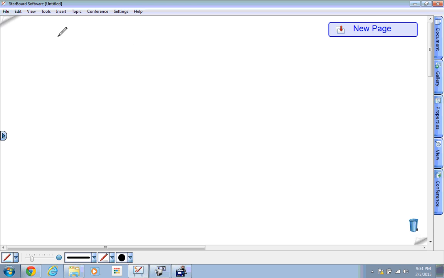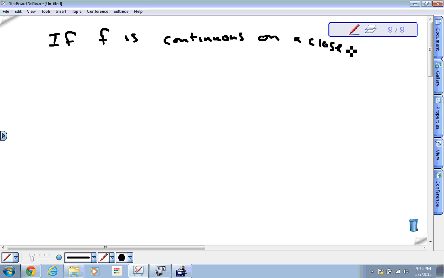In 3 dimensions, it's a little bit different. It says this: if f is continuous, so every function we've looked at tonight has been continuous in the area in question, on a closed, bounded set in R2.